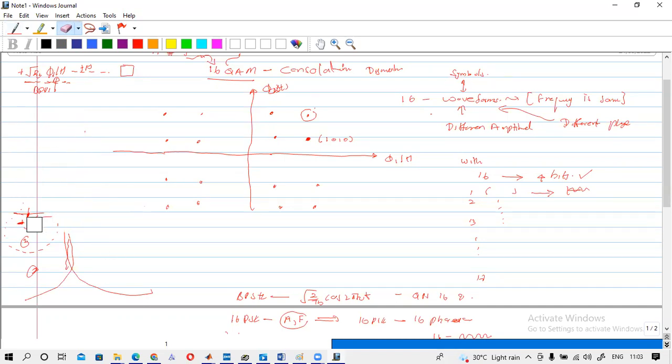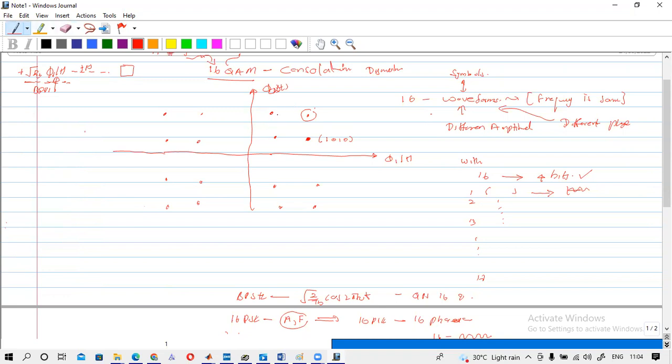So that is the point I wanted to tell you. When you define a decision boundary, you should be careful. This is for symmetrical constellations. Otherwise the decision boundary will be very complex, and you have to calculate it through a set of mathematical equations.